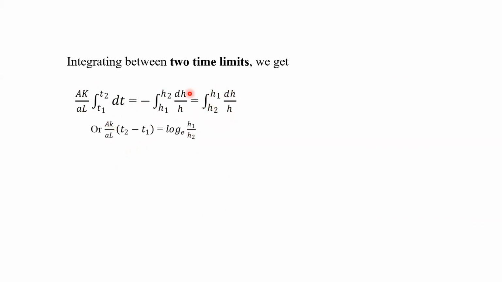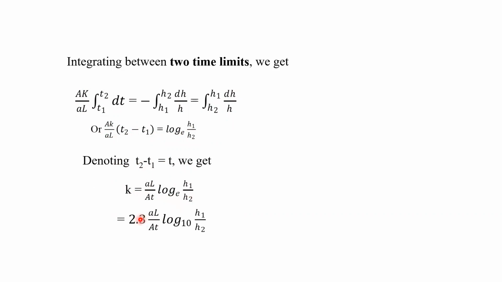Once we integrate, we get a k by a L into t2 minus t1 equals log base e h1 by h2. Suppose we denote t2 minus t1 as t, then we get k equal to a L by A t log base e h1 by h2. Further, we can write it in base 10: 2.3 a L by A t log base 10 h1 by h2. This is the permeability which we can use to determine the value of k in the falling head method.